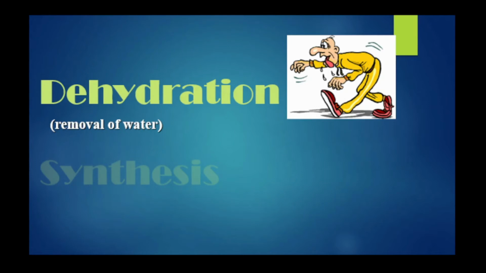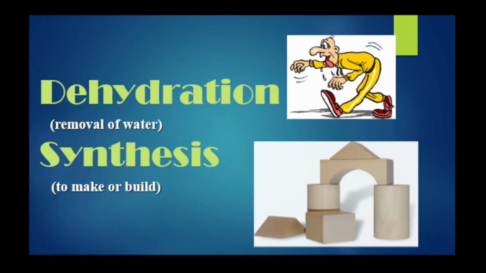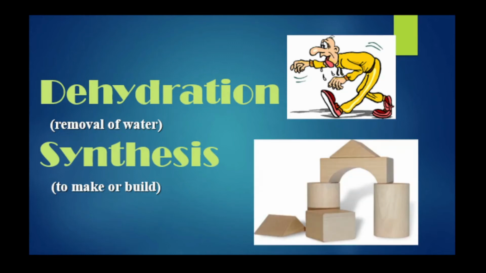That's why in order to build, we need to remove water in order for us to synthesize another form of polymer, another macromolecule or polypeptide bonds. That is dehydration synthesis.